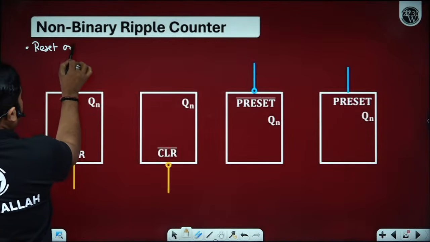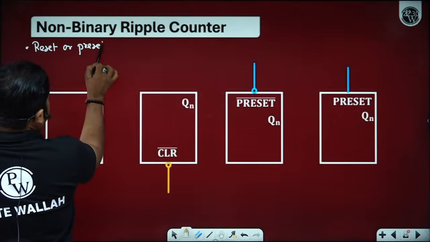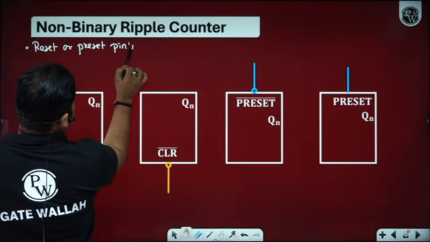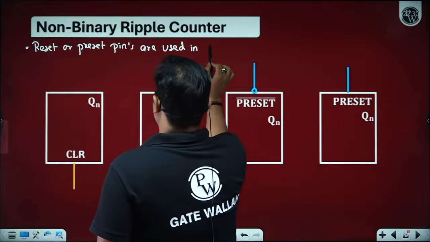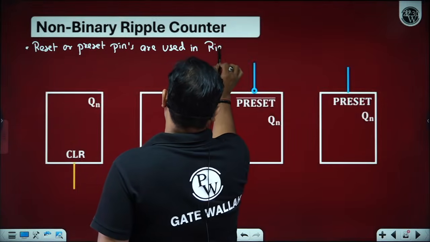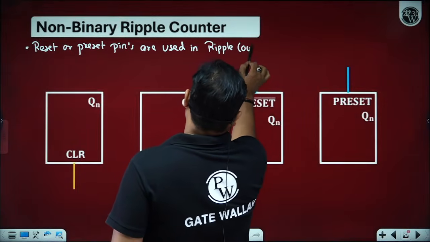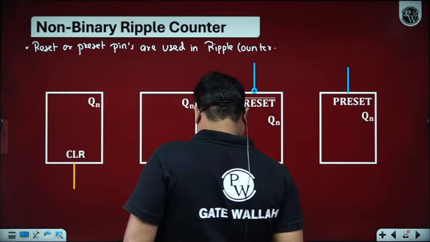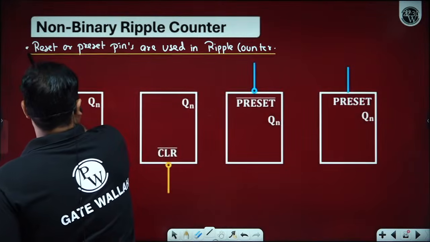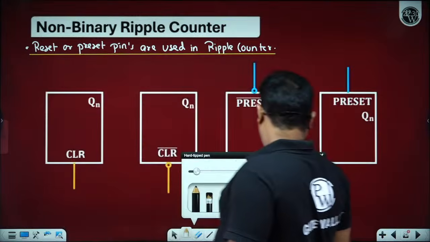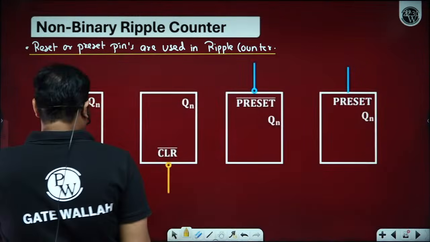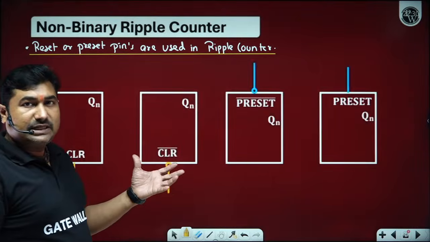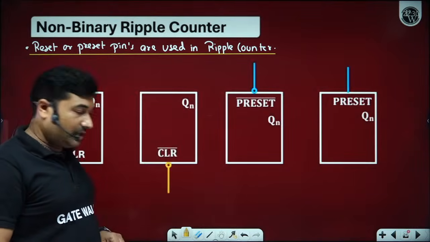Reset or preset pins are used in ripple counters. This is the pin used to clear the flip-flop state or to set the flip-flop state.